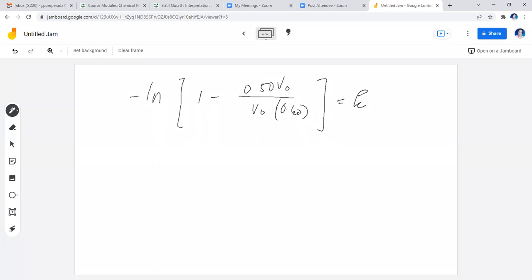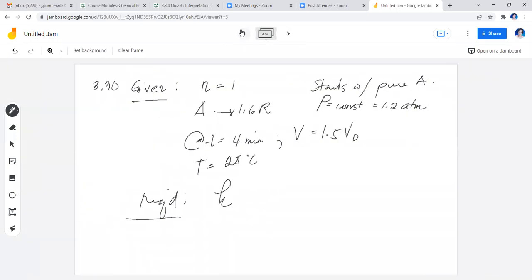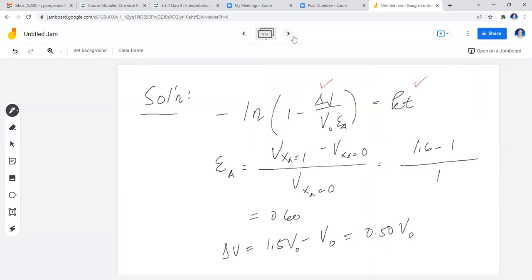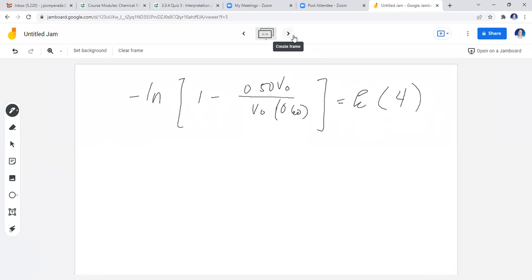And the K and the time, which is 4 minutes. Okay. And that's it. You get to cancel the V sub O's, you get to know the K. Okay, what's the value of the K? 0.448. So you have 0.448 per minute. Okay, so that's it, class.